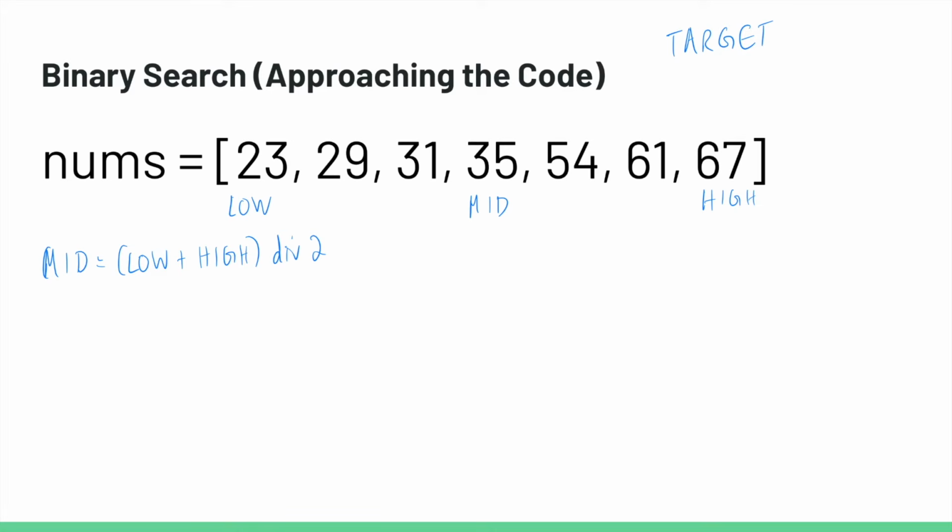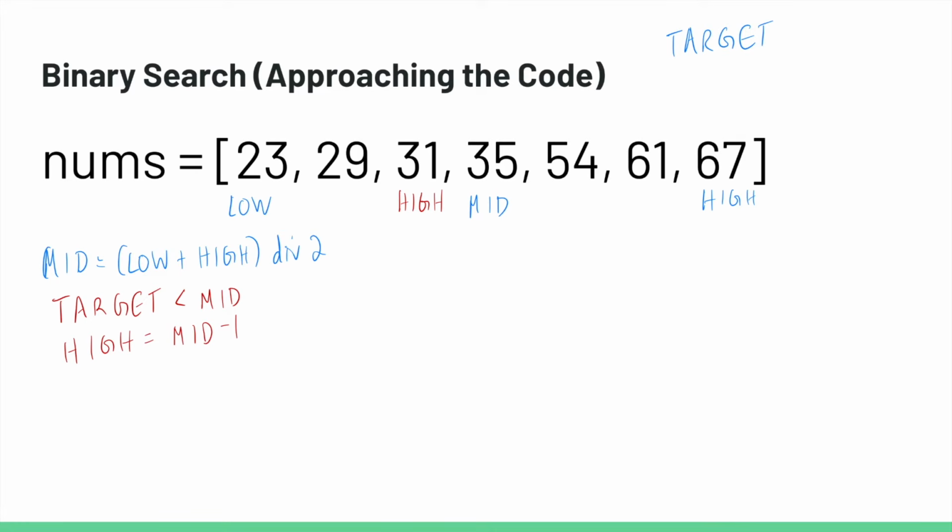Now this is just where we're starting out, but what we want to do next is compare target to mid. So we're going to say if target is less than mid, then we're going to move high to mid minus 1. So that means that now high is going to be equal to mid minus 1. So this will be our new high.